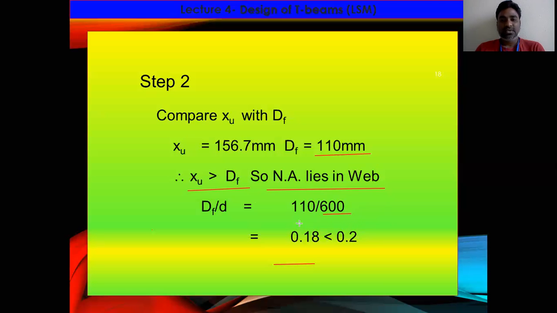So here Df by d is how much? 110 by 600. This is less than or equal to 0.2. That means within the thickness of flange, the stress is constant distribution.